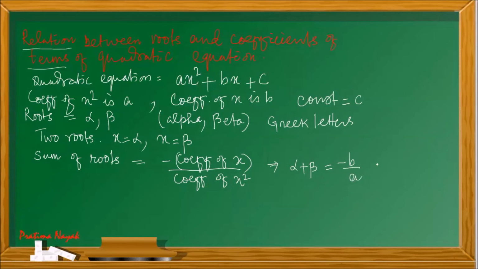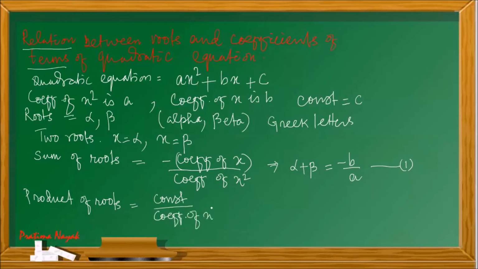This is the first relation. And there is one more relation. What is it? Product of roots. Product of roots is your constant upon coefficient of x square. Or I can write alpha into beta is equal to c by a. This is your relation 2.